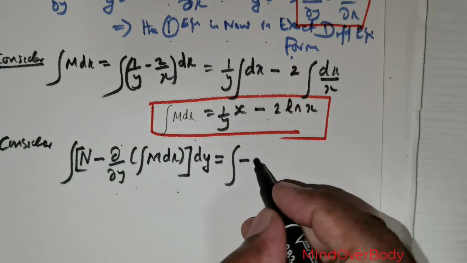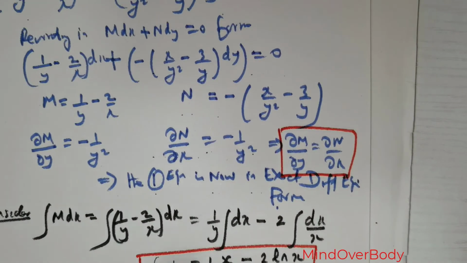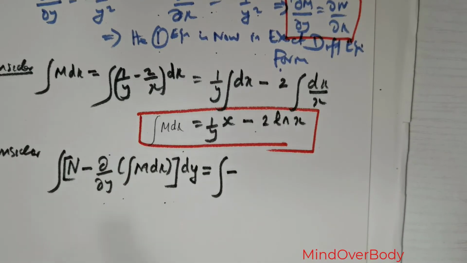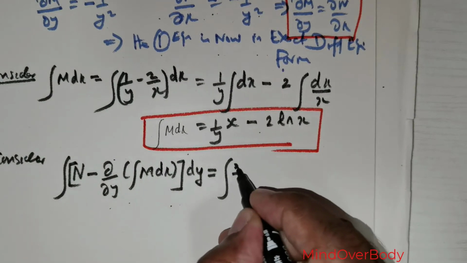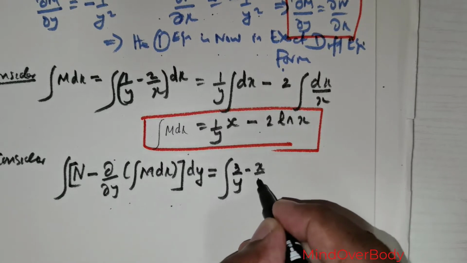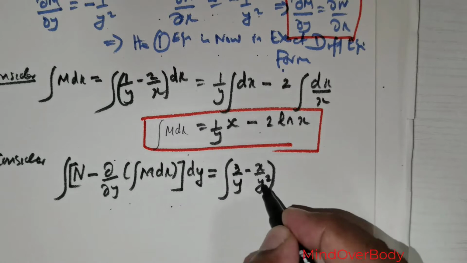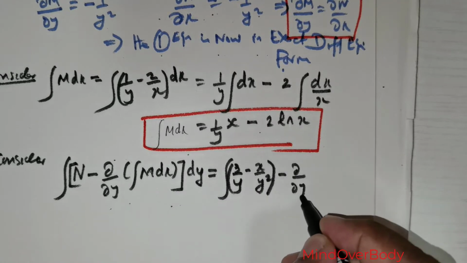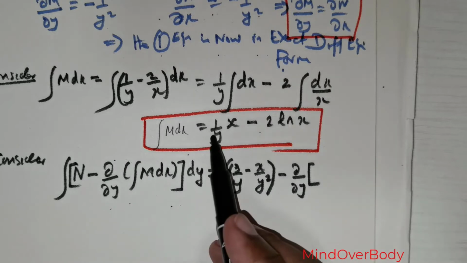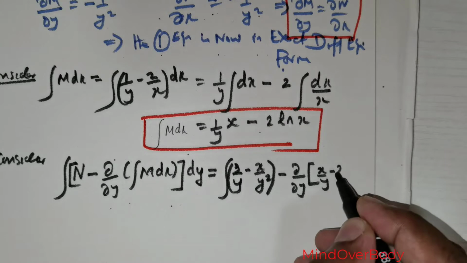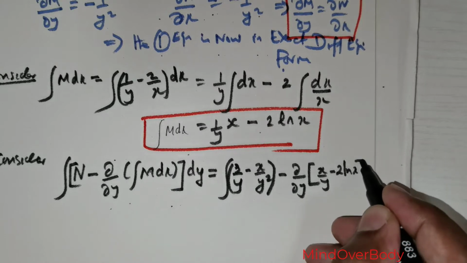If I take the negative sign out, I can start with the positive sign: 3 over y minus x over y squared, followed by negative partial with respect to y of this quantity, x over y minus 2 times ln x.